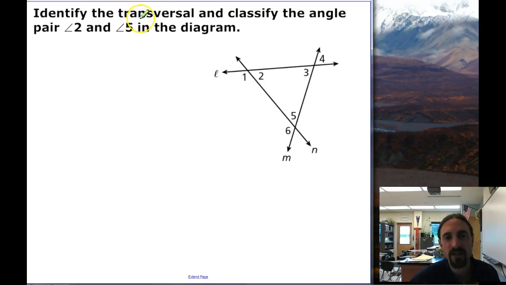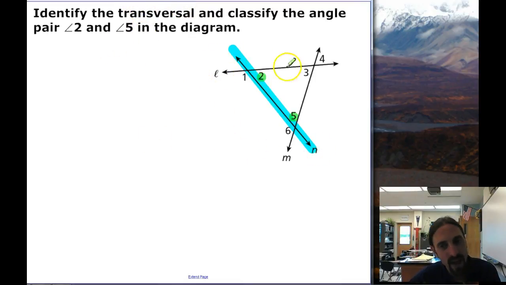Here it says identify the transversal and classify the angle pair 2 and 5. All right, well, where's angle 2? There's angle 2, and here's angle 5. So what is the transversal? Well, line N connects angle 2 and angle 5. So my transversal is line N.